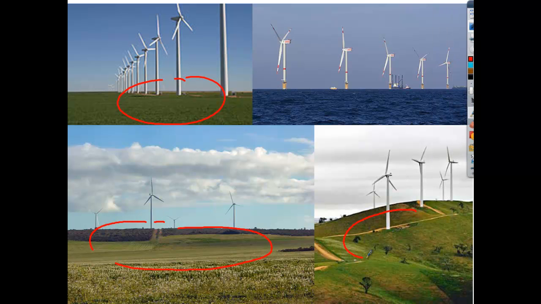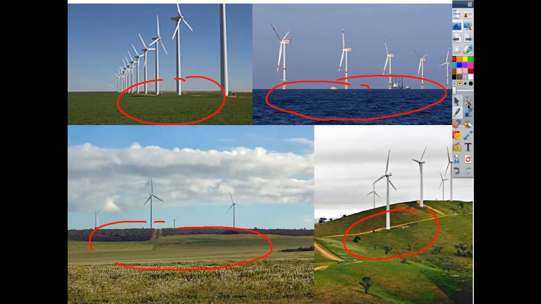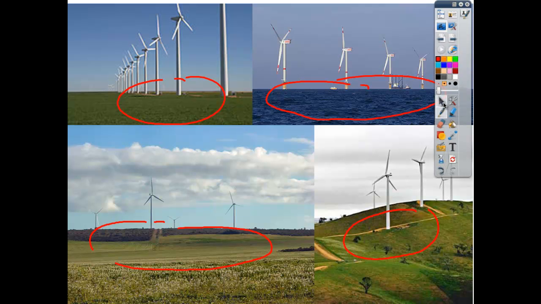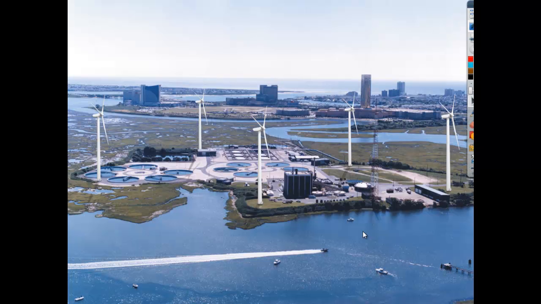In every single one, including the ones out in the water, the land below your power can be used and utilized. So a wind power system, one of the great advantages is you can actually use the land below it, and you can use it for farming, or in the case in the ocean, you can put boats right around it. It's no big deal. Okay, so it does provide that benefit.